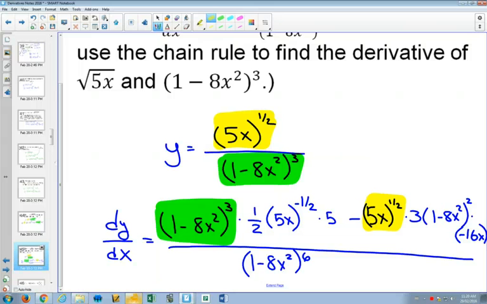The bottom one is a chain rule as well. So the 3 comes out in front, subtract 1 from the exponent, keep the inside the same, and then multiply by the derivative of the inside, which would be negative 16x. All divided by the bottom one. Here's the bottom one squared. Now, I cheated a little bit and did that all at once, but does it make sense that when you square something that's cubed, you get to the power 6?